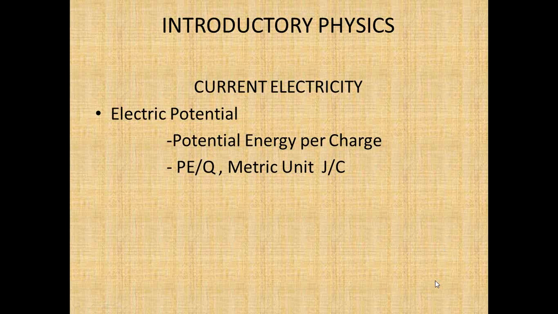Similarly, when we talk about electric potential, we're talking about electric potential energy. The proper definition for that is potential energy per charge. The unit of potential energy, or any form of energy, is joule, and the unit of charge is coulomb. So when we talk about electric potential, we talk about joules per coulomb.